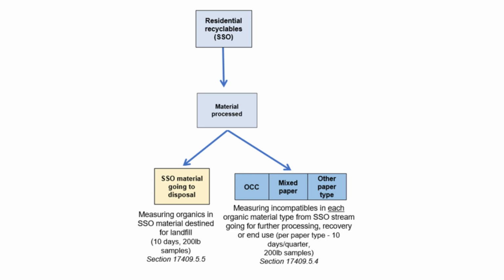There's also residual from this blue bin processing that is sent to disposal. So there are 2 different types of measurements for this stream. We have to measure the OCC, mixed paper, and white office pack. That, like the others, has a 10-day period of measurement every quarter. Each time any of those bales is sent off site, it needs to be measured during that 10-day period, just like those organics that are going to the composter.